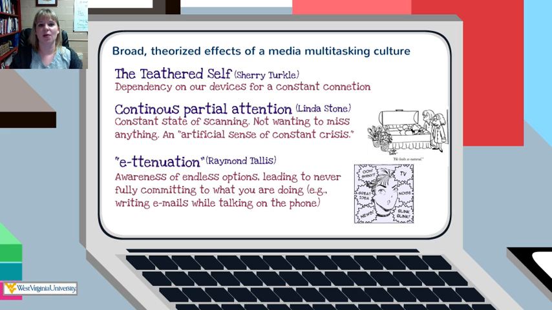But the problem is that it leads to commitment issues, and he even talks about how this happens in our social lives. Think about the example I have here, where you might have found yourself writing an email while you're on the phone with somebody, as if one of those social interactions wasn't good enough by itself. You couldn't commit to one. You needed to be doing something else at the same time.